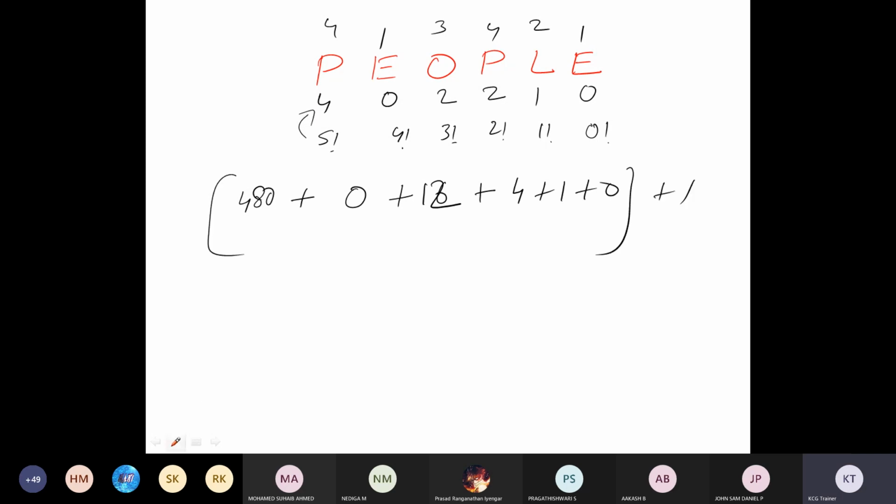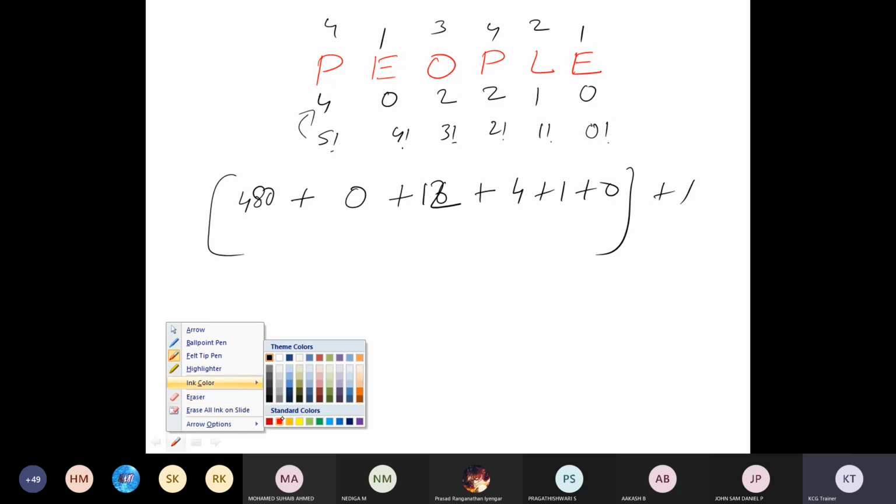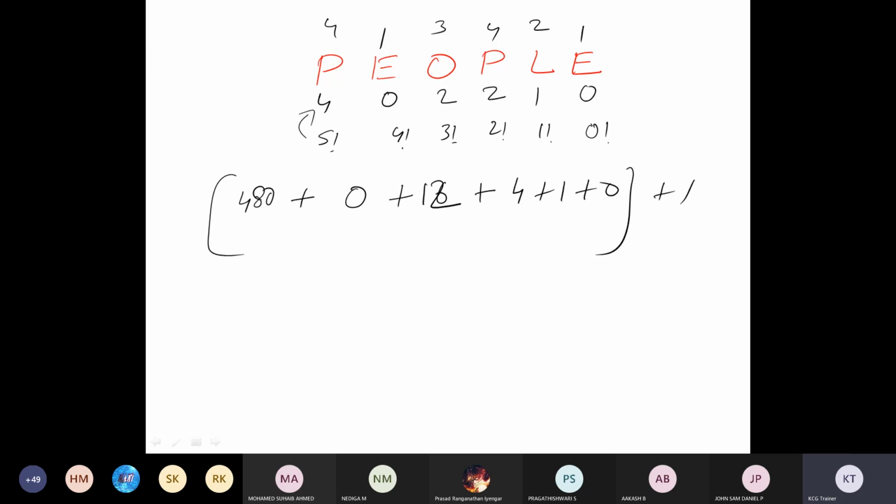Now listen guys, there will be a change in the last step. There will be one more step for the repetition. What is the one more step? I'll show you.